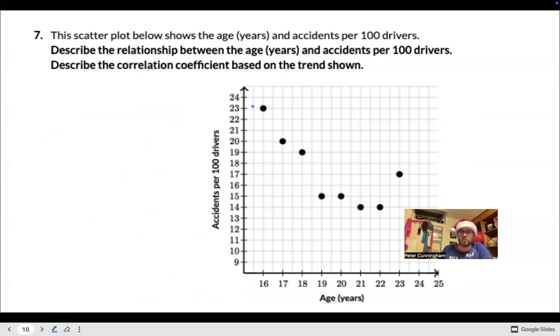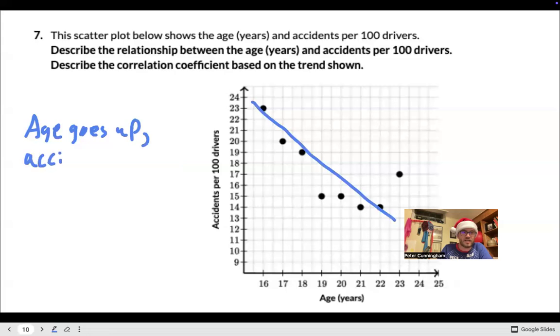Okay, again, what are we looking at here? Describe the correlation between the age and accidents per 100. Estimate the correlation coefficient. Okay, so what exactly are we saying? We're saying that as age goes up, accidents go down.